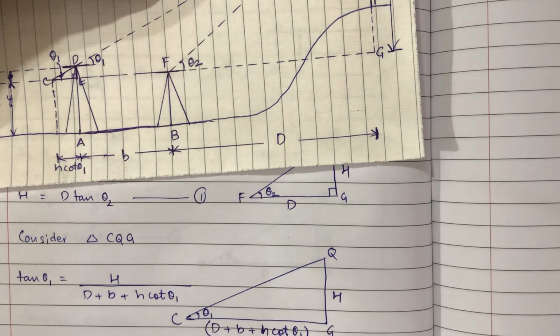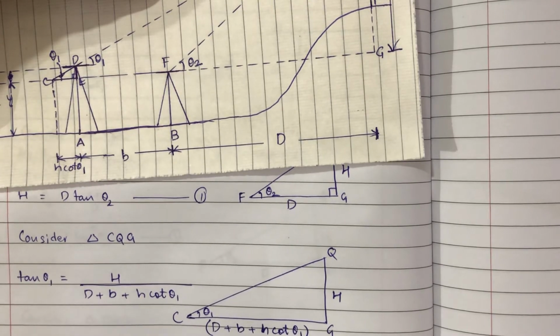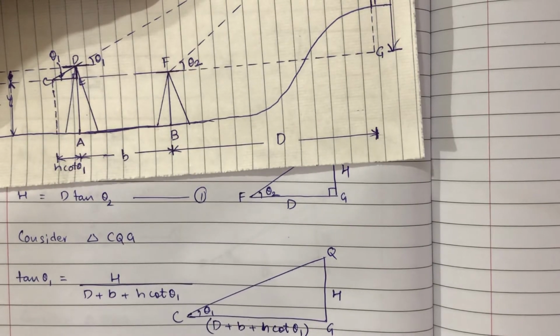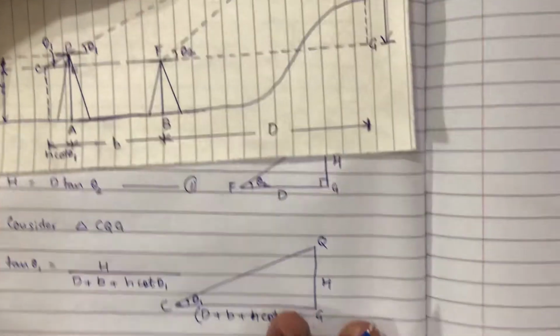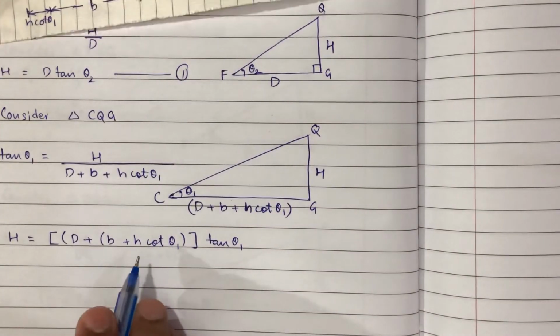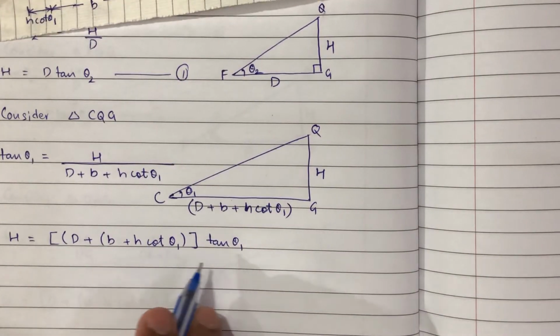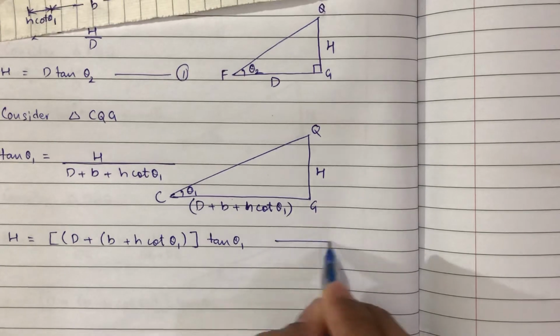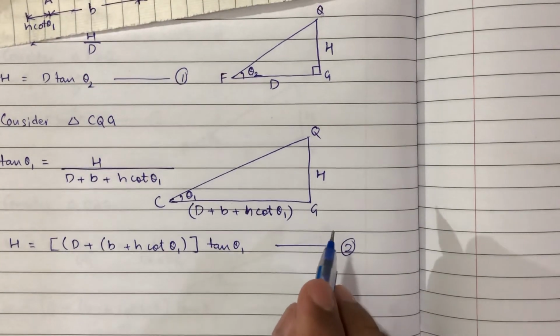So h will be equal to D plus B plus h cot theta 1 into tan theta 1. Let us call this equation number 2.